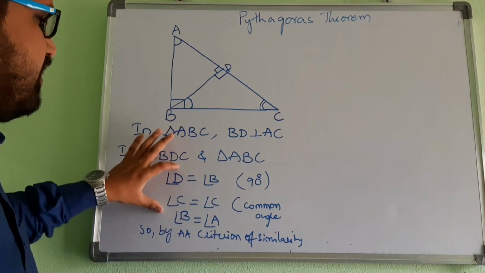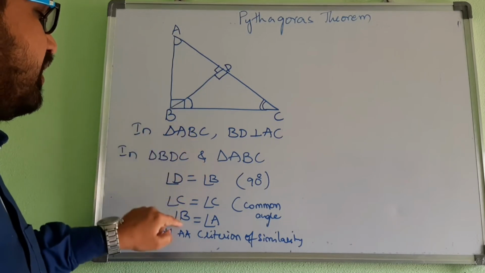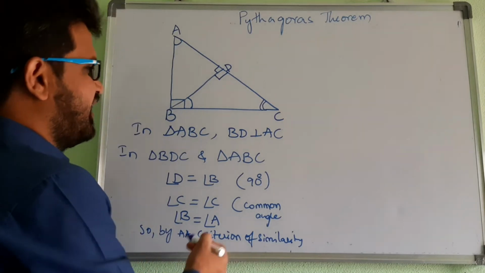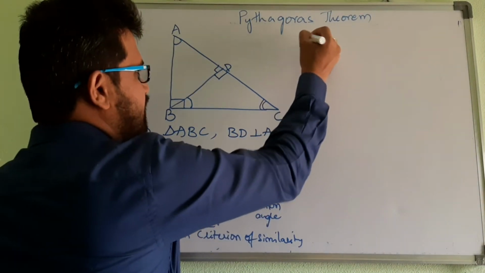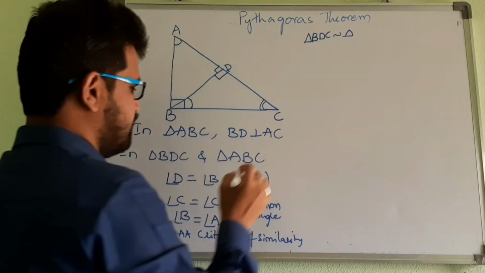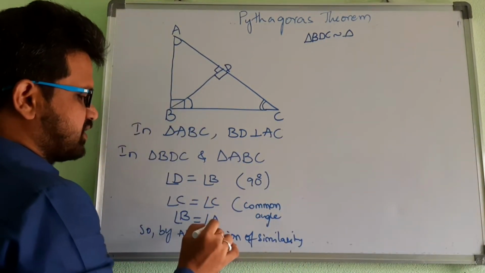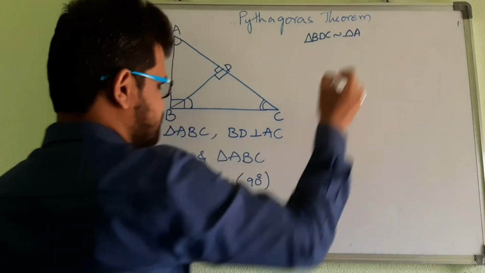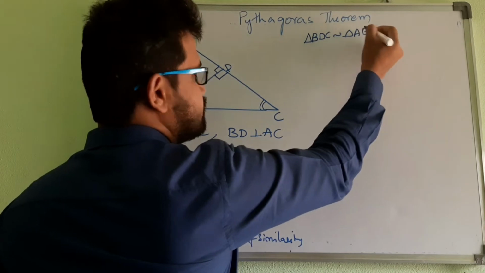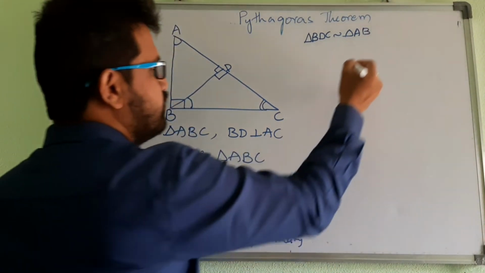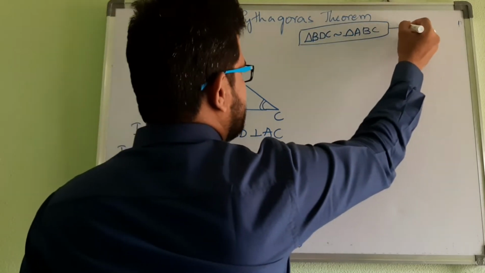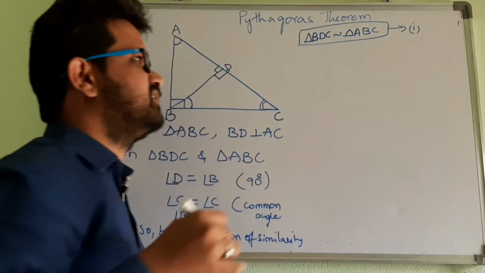We can check two angles. If two angles are equal, automatically the third angle is equal by angle sum property. So by AA criteria, we have to write that B corresponds to A, D corresponds to B and C corresponds to C. Triangle BDC is similar to triangle ABC.